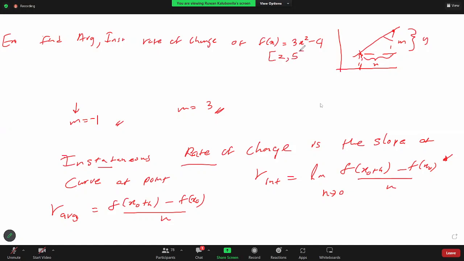This is the range 2, 5, for the average.